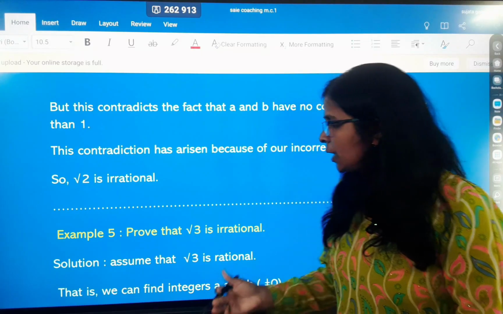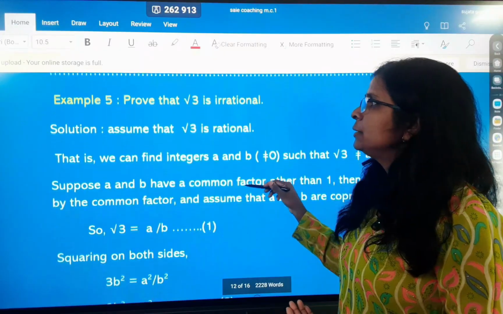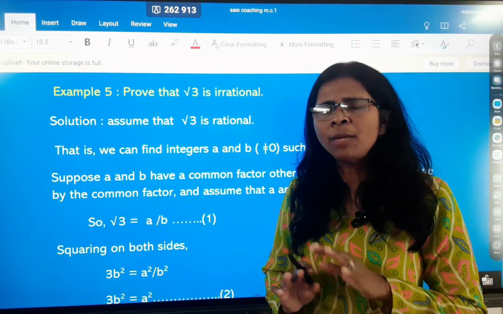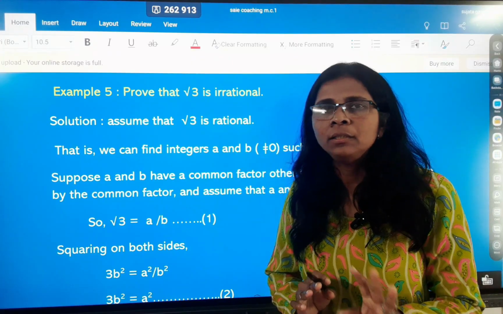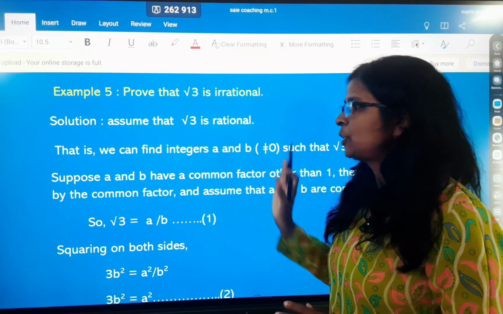So one more such problem is given, let's look at it. That is, prove that root 3 is irrational. In the same way we have to do it. First, assume that root 3 is rational.